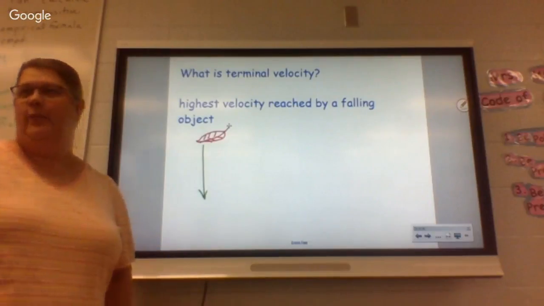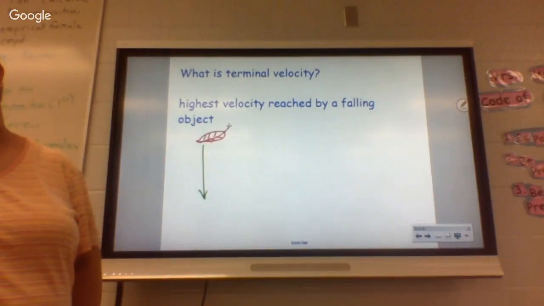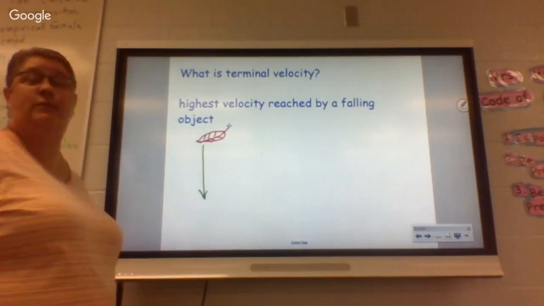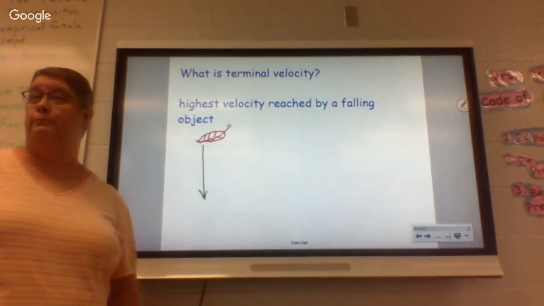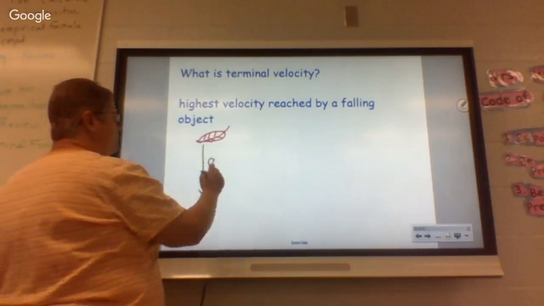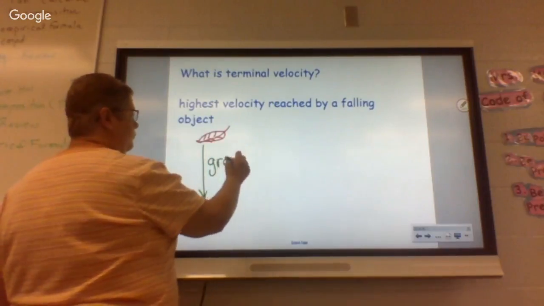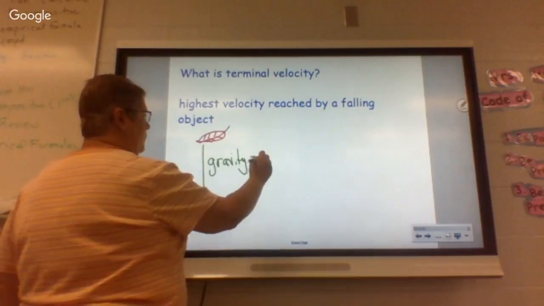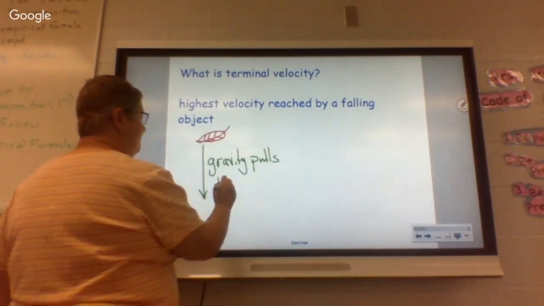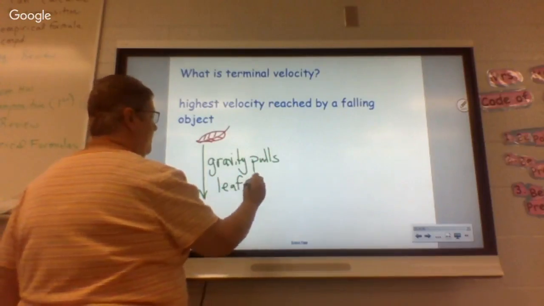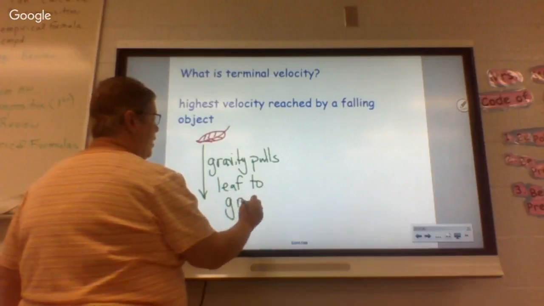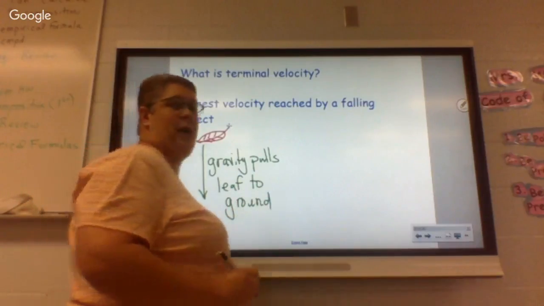Now, hold on. Why? It just is. Now, the leaf is pulled to the ground because of what? All right. We all know that gravity pulls the leaf to the ground, right?